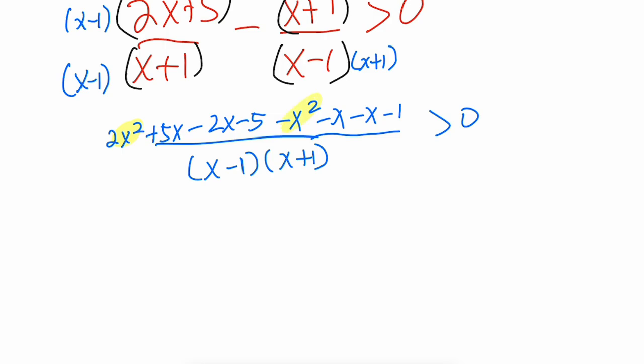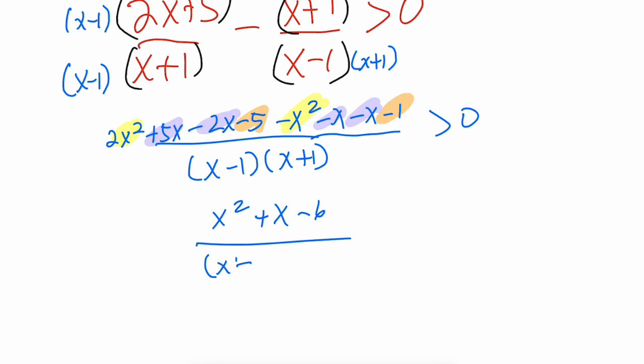So our 2x squared minus x squared is x squared. 5x minus 2x is 3x, minus x is 2x, minus x is x. So we got a plus x. And then our numerical portion, we have a minus 5 and a minus 1, which is minus 6.